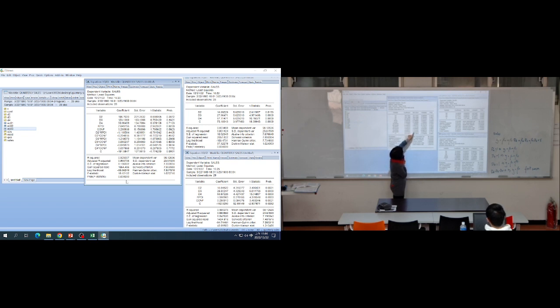This is bigger, this is a little bit bigger, and this is bigger. So after we consider the coefficient and the standard error, what we see is the t-statistic. If we want to do the comparison, always look at the t-statistic instead of the coefficient.